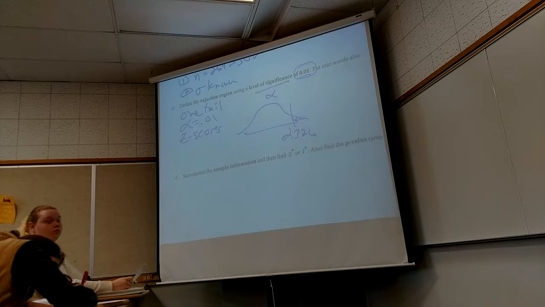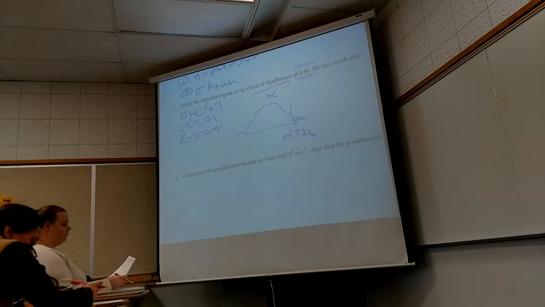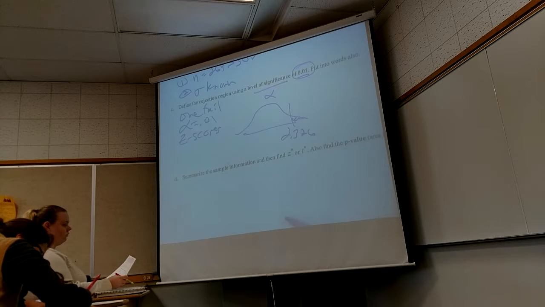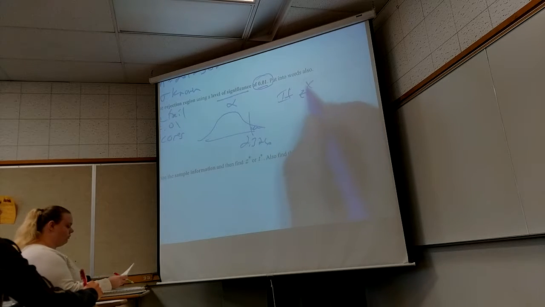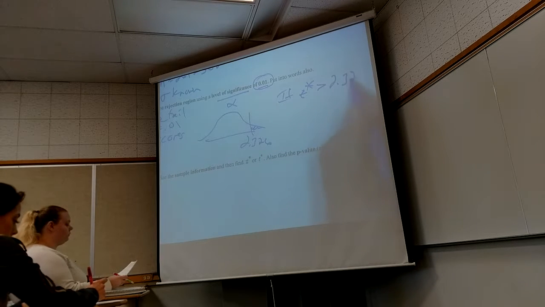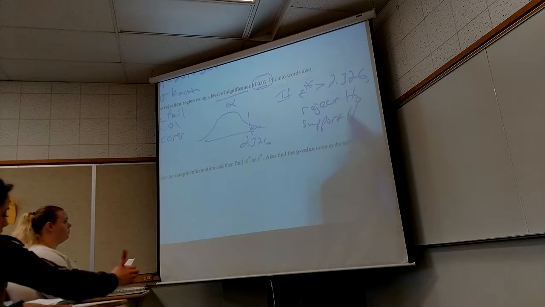I don't have to cover for myself anymore. Okay, so if Z star is bigger than 2.326, we can do what? Reject the Ho. Support the Ha.